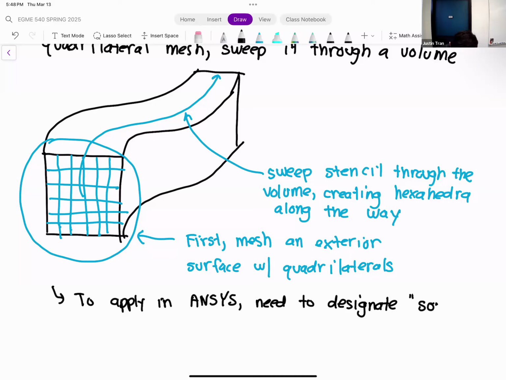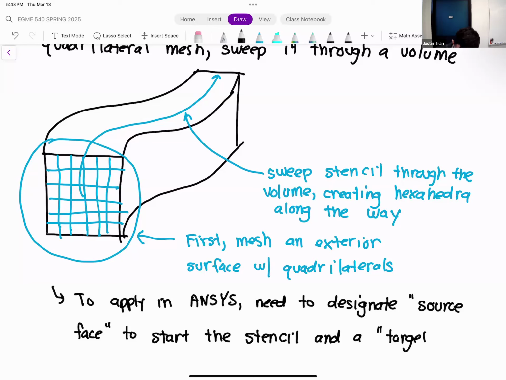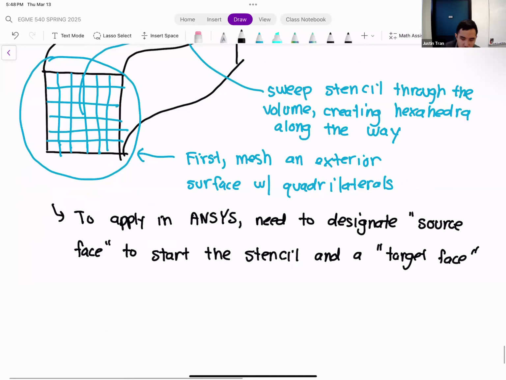So you're basically defining the starting point and ending point for the sweep.